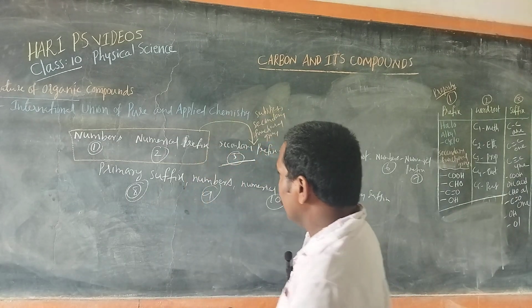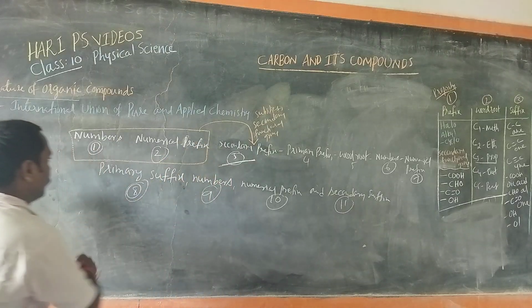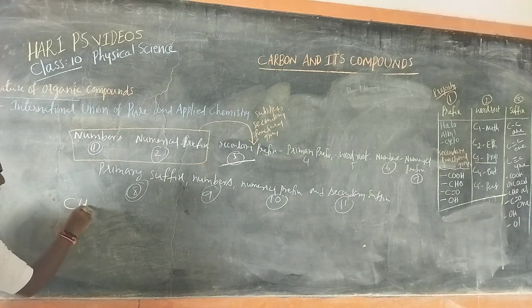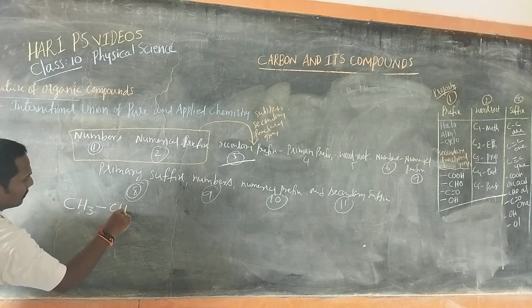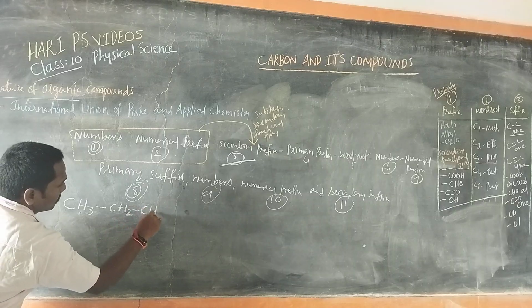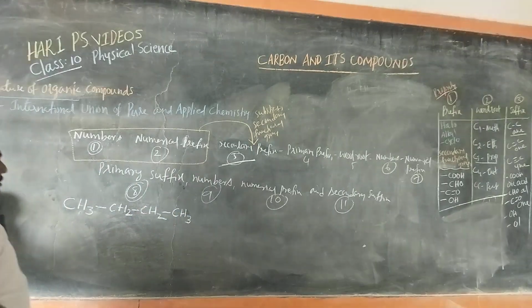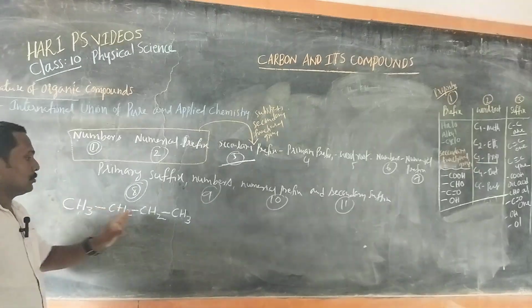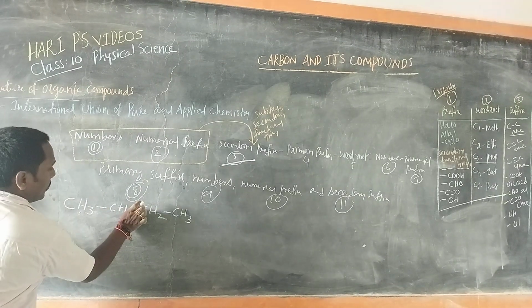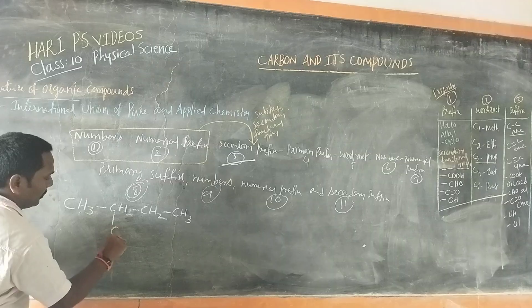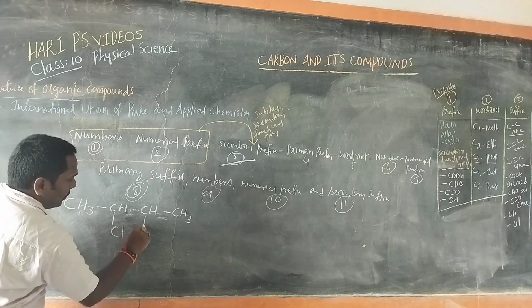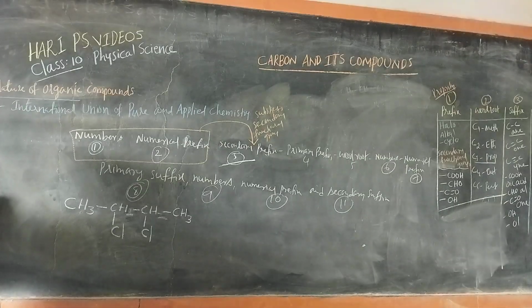For example, CH3, CH2, CH2, CH3. This is 1, 2, 3, 4 carbon atoms. Then here we can write chlorine, and here also we can write chlorine.